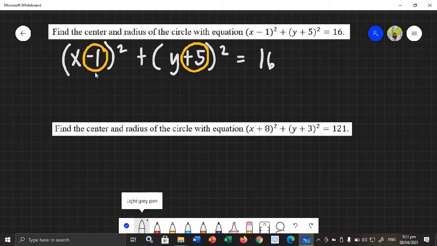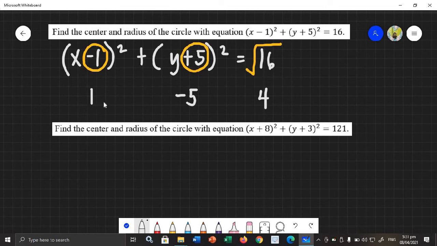In this case, negative 1 will become 1, and then positive 5 will become negative 5. And then right after nyong kunin yung reverse sign ni h and k na given sa equation, kunin nyo naman yung square root ni r. Ito yung r nyo, di ba? Yung term on the right side of the equation. So, ang square root ni 16 ay 4.